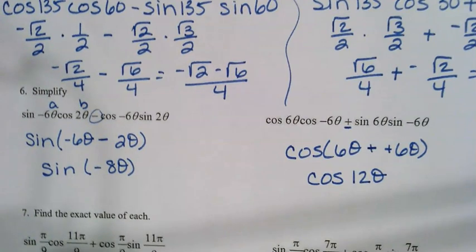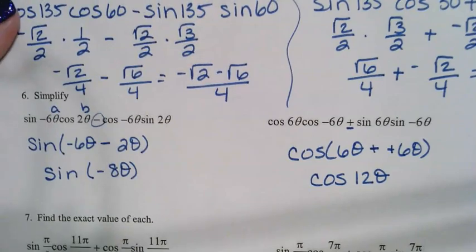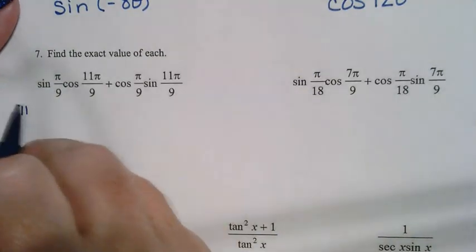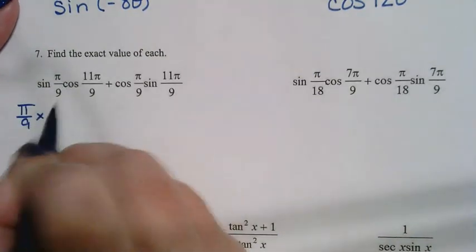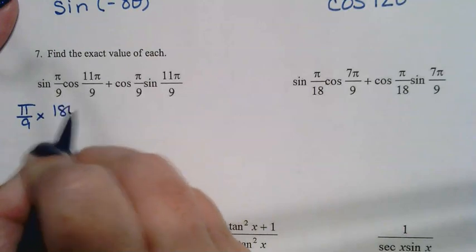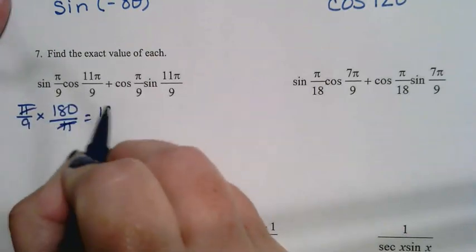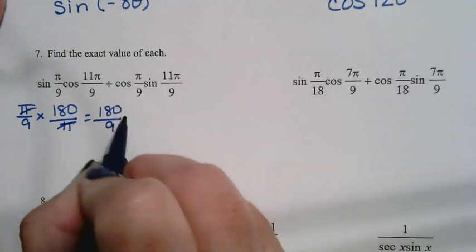So pi over 9, we got to do some conversion. So pi over 9 times 180 over pi, so the pi's cancel out. So we get 180 over 9, which is 20.